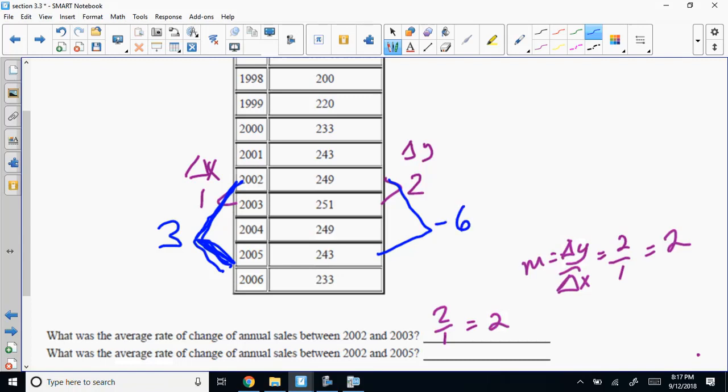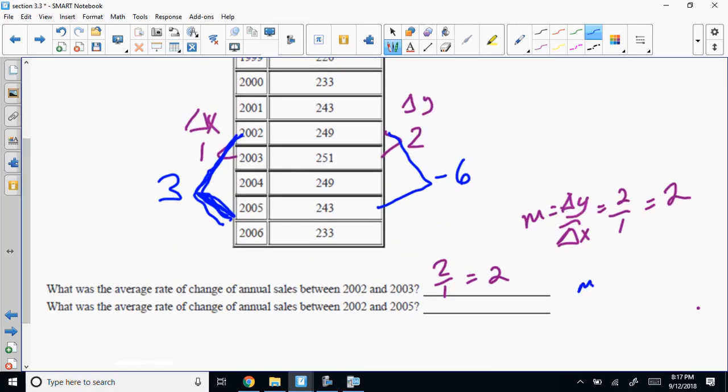-6. Why -6? It went down. You're going down the number line. So if we look at this one, we're looking at changing y over changing x. That is -6 over 3, which is negative 2. You could plug them into the formula if you want to.